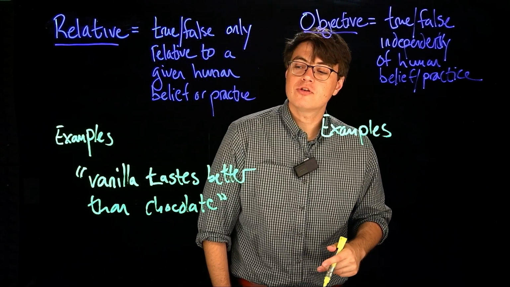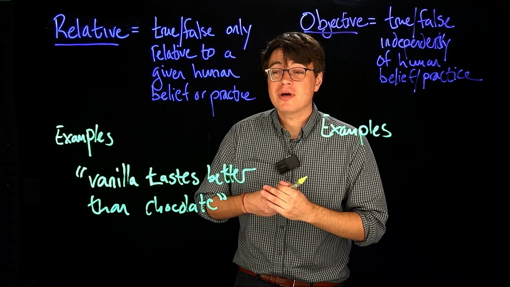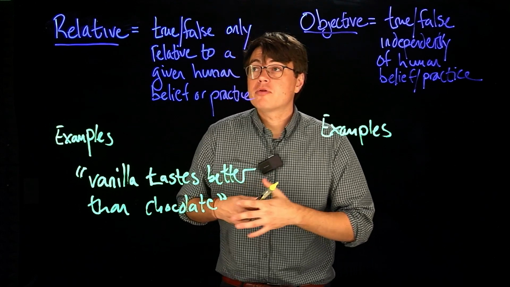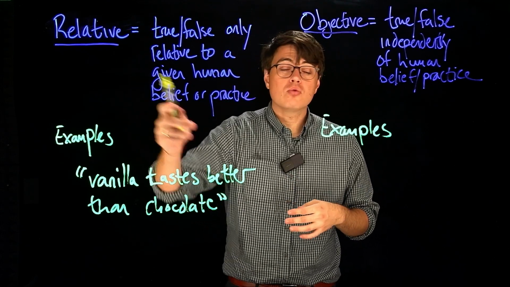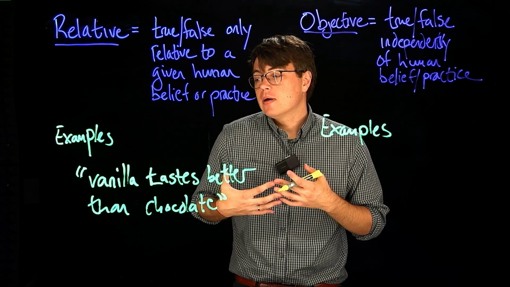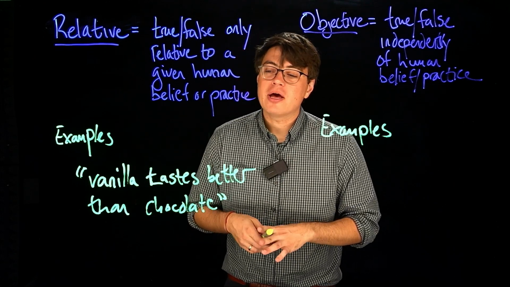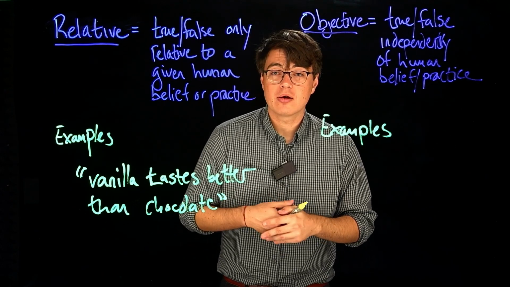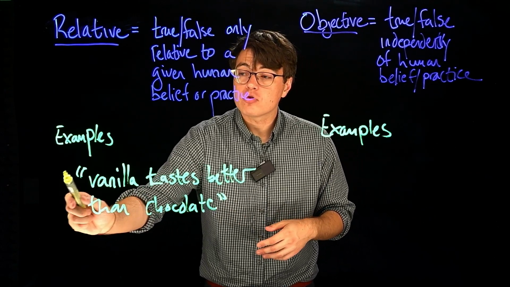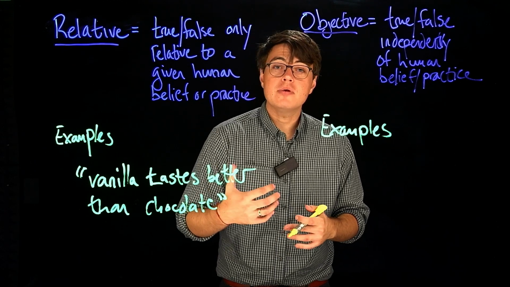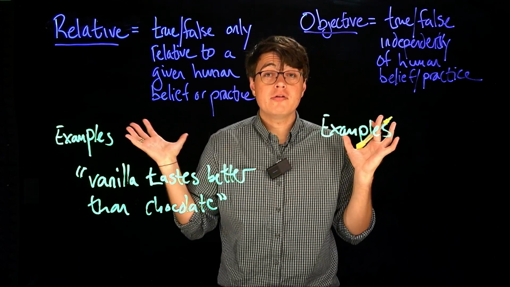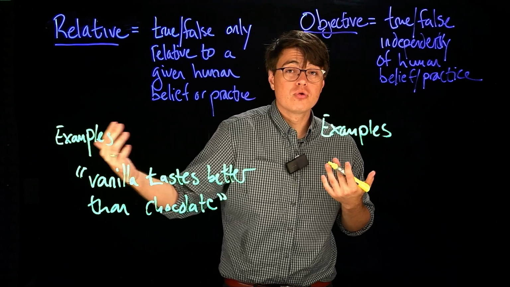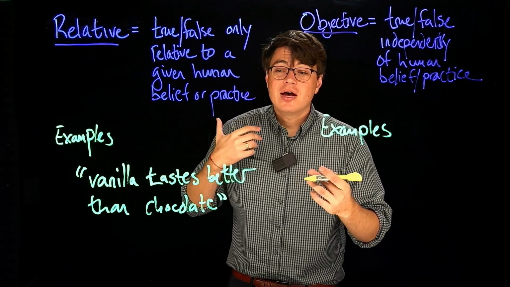Or its sister proposition, that chocolate tastes better than vanilla. This proposition clearly has its truth value relatively, in the sense that whether vanilla tastes better than chocolate depends entirely on whose tastes you're talking about. So as a result, one and the same proposition might be true relative to you, but false relative to me. That is, true for you and false for me.